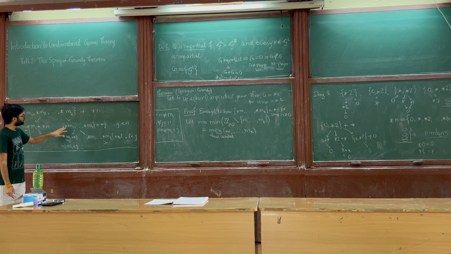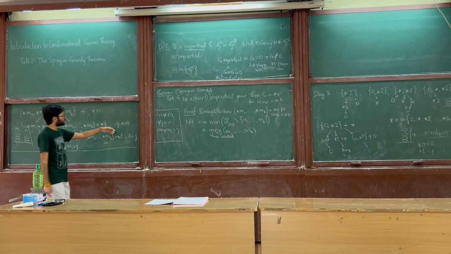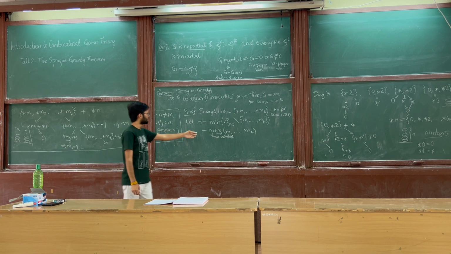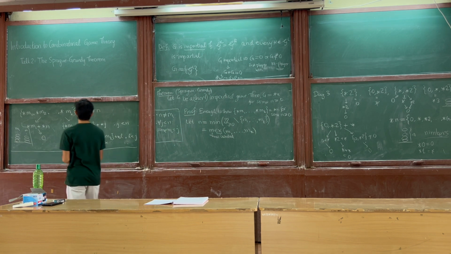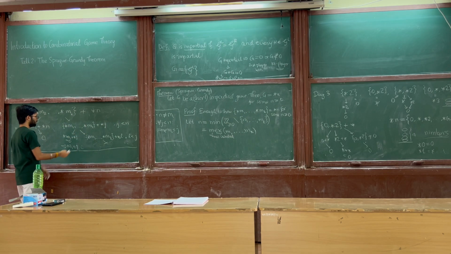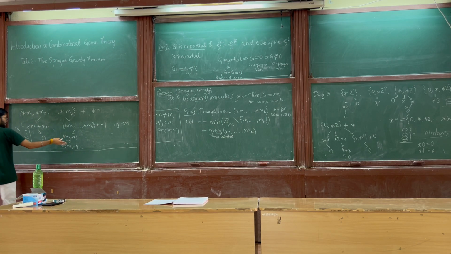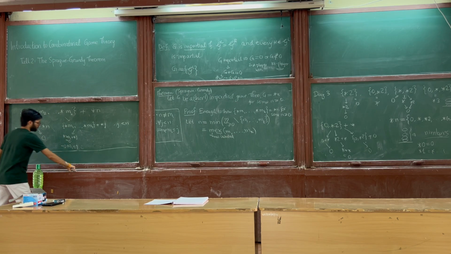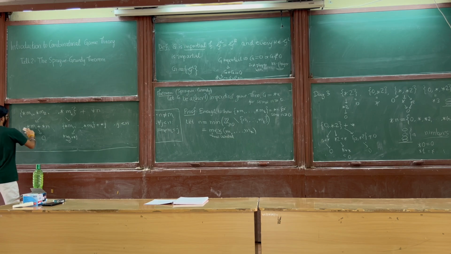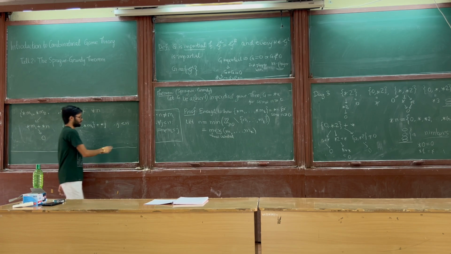The other move is of this kind, but since n is the mex, there is some mi which is equal to j, so you just go to that particular mi, so it becomes star j plus star j, which is 0. And then this completes it.